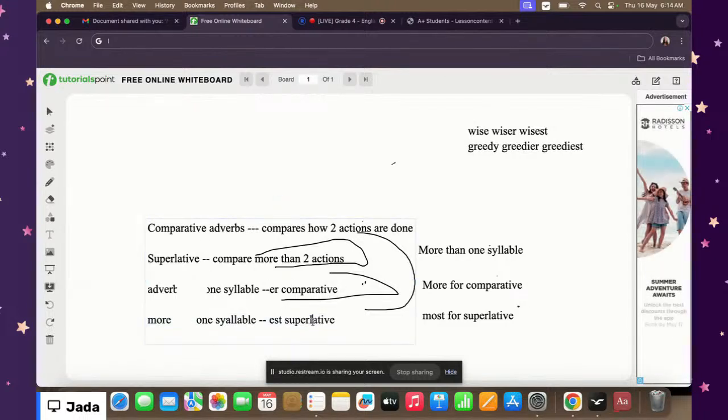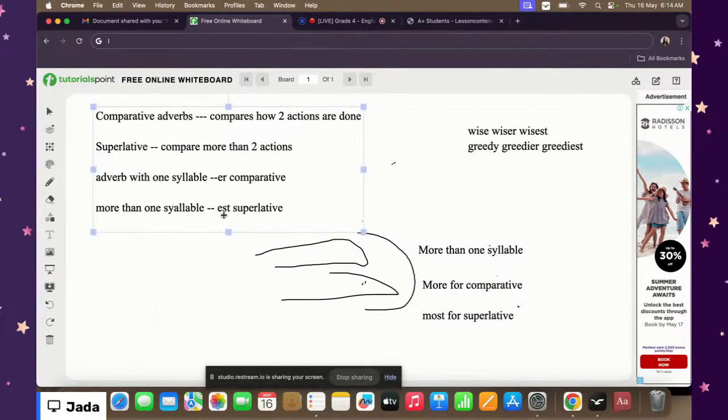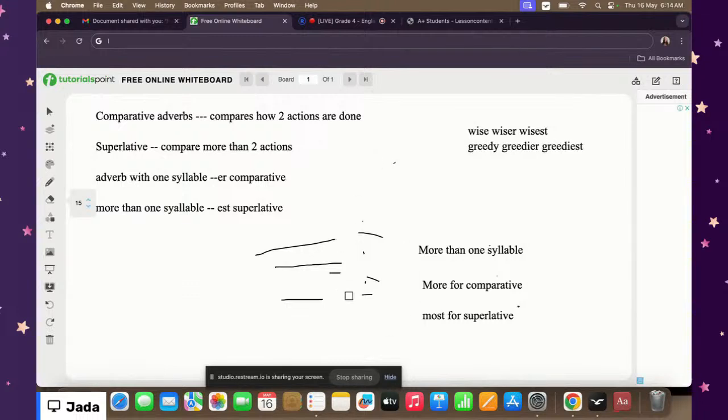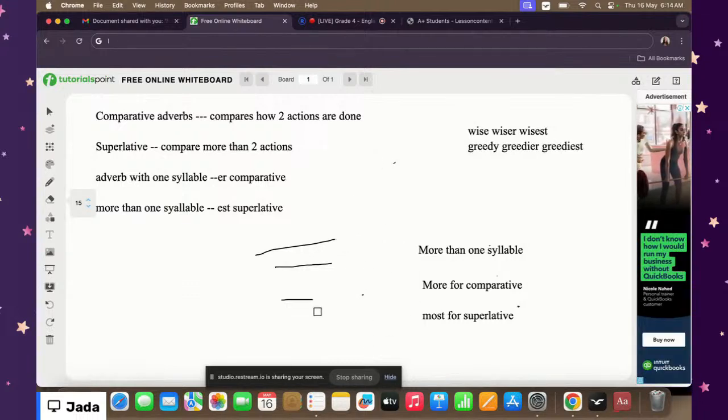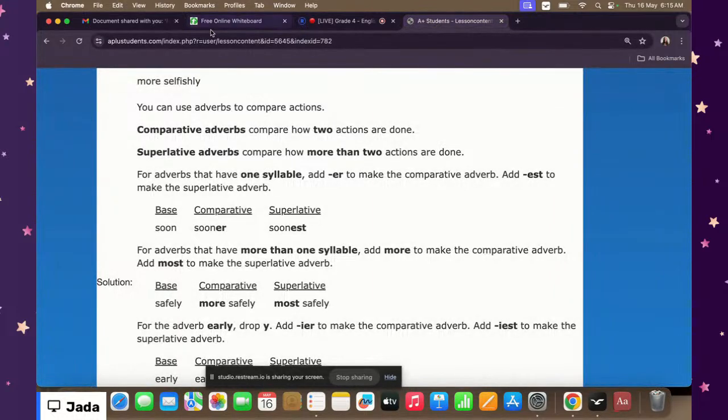And then if you have one syllable for superlative, you also have est. Okay, so here est. And then if you have more than one syllable, it will be more for comparative and most for superlative. So this is the pattern.